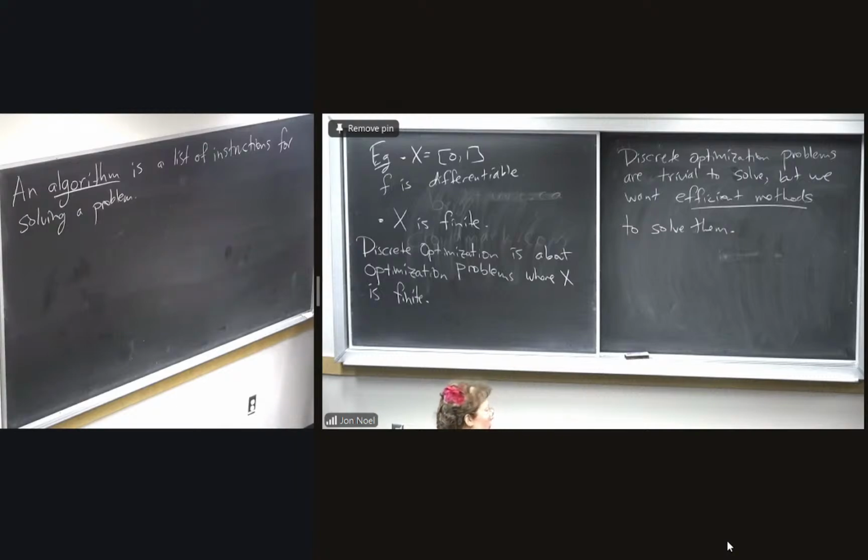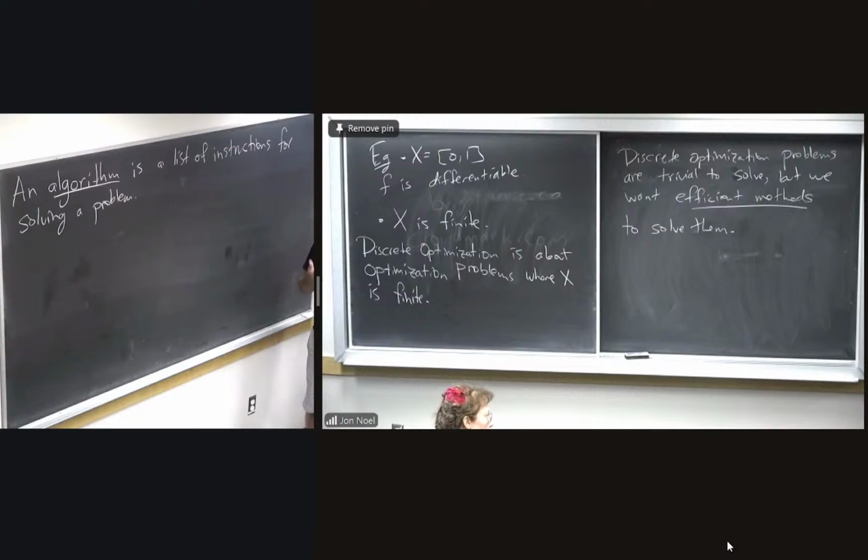Actually, when you're maximizing functions in calculus, that's an algorithm. You take the derivatives, step one of the algorithm. You compute the zeros of the derivative, find the critical points, check the second derivative to classify them.